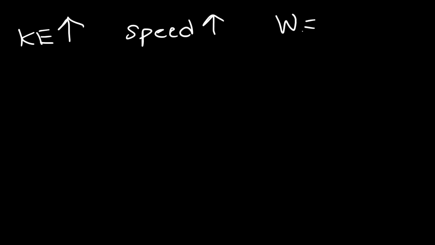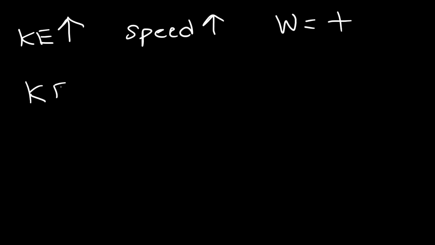The second way to determine the sign of work is to look at how it affects the kinetic energy of the object. Does it increase the speed or decrease the speed? So if the kinetic energy increases, the speed increases. So any force that increases the speed of an object is doing positive work on that object.